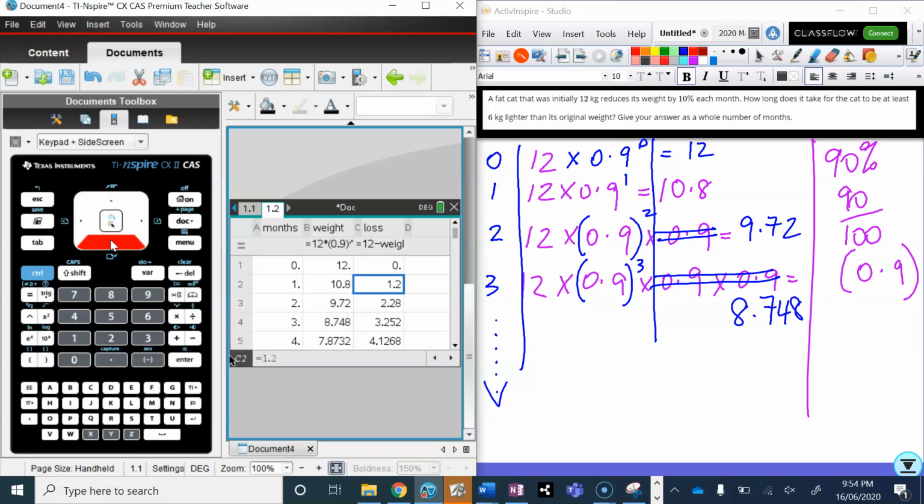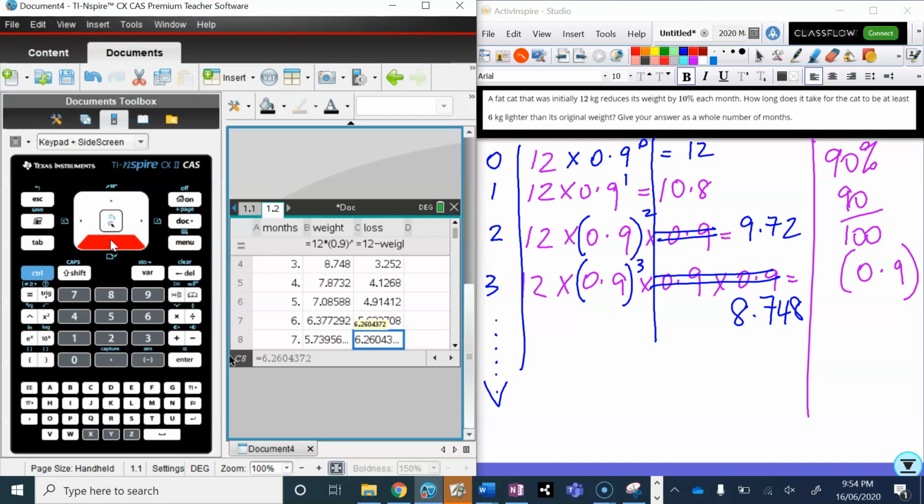You'll see that at the very start, when the month was 0, the cat's lost nothing. When the month is 1, in 1 month the cat loses 1.2 kilos. In 2 months the cat's lost 2.28 kilos, 3.252 kilos, and so on and so on.